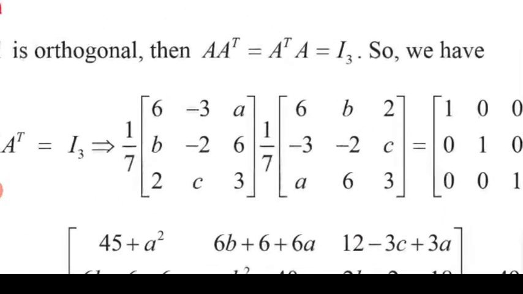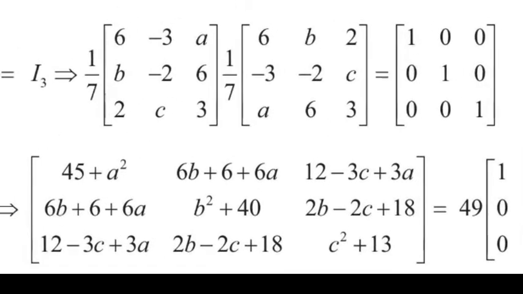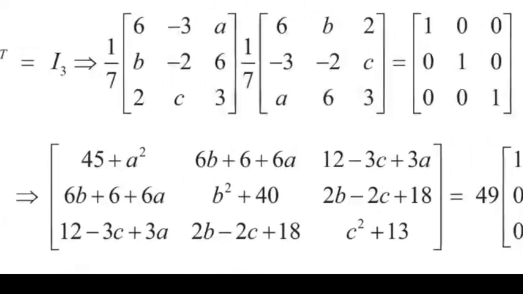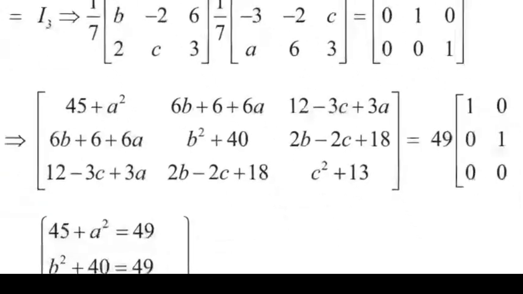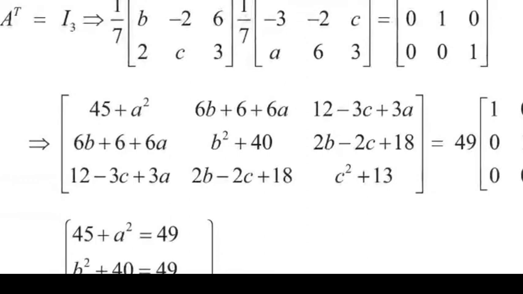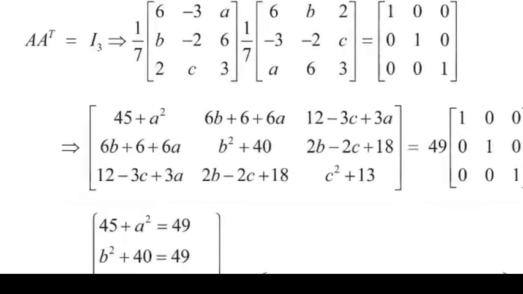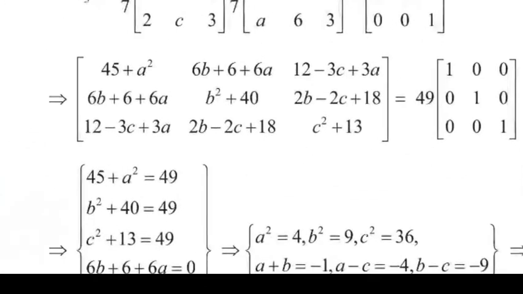Here we multiply. 1 by 7 into 1 by 7 is 1 by 49. Bring that 49 to the other side, so it becomes multiplication.